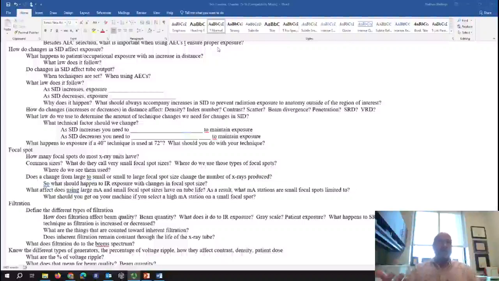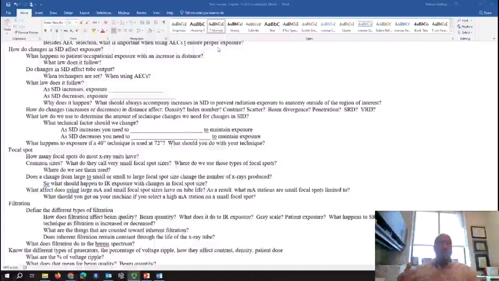So that's the reason for the drop, not because the tube discontinued making more photons. And it's not even because the air filtered out some of those photons. It's just because the divergence of the central ray, the divergence of the X-ray beam, increased, and then we collimated some of that off, so we lost photons.